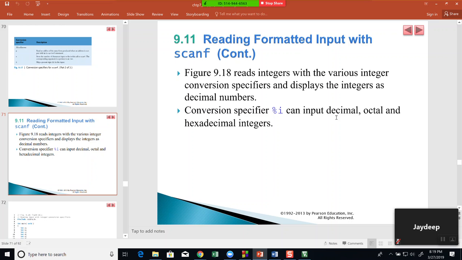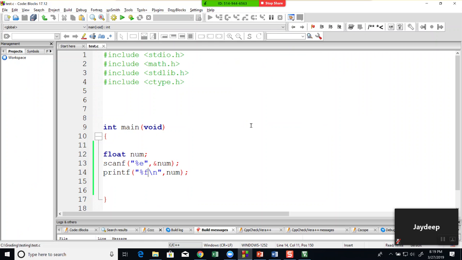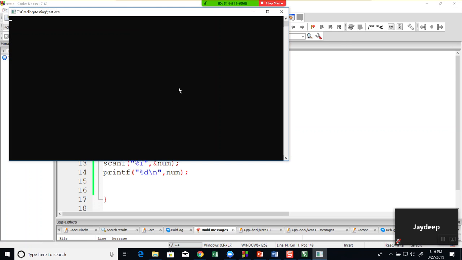%i can input hexadecimal. That's one I tried to do, but I think I recognize what I did wrong. 0x, and what did I put last time?